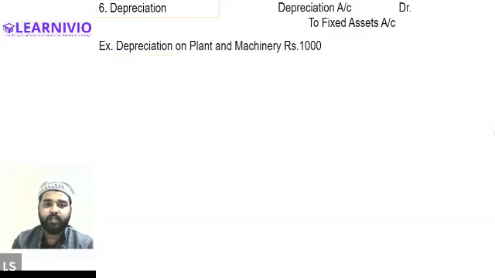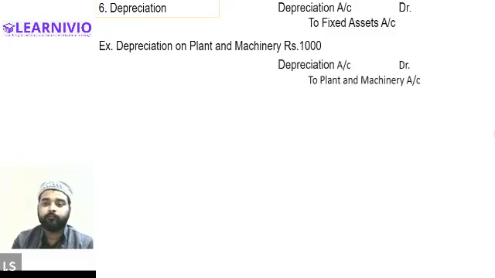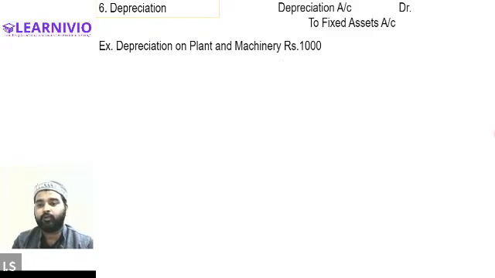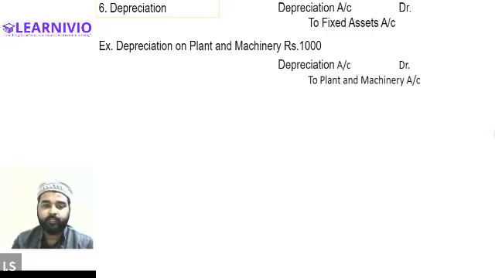So whenever there is any additional entry given in the question regarding depreciation, the general entry for that will be depreciation account debit to fixed asset account. Let's suppose depreciation is charged on plant and machinery, 1,000. So the general entry for this will be depreciation account debit to plant and machinery account, right?